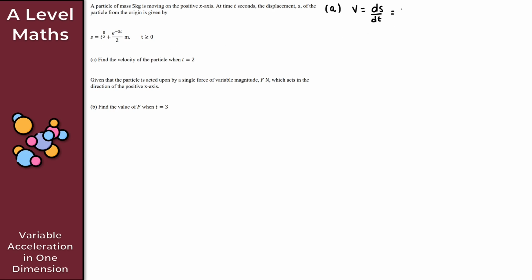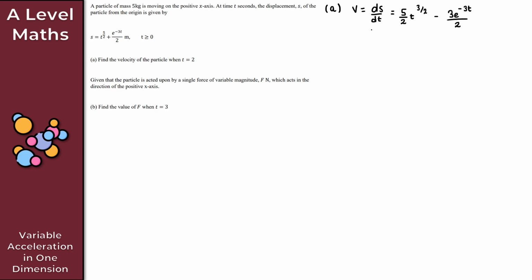So what we get here is 5 over 2 t, reduce the power by 1, so 5 over 2 minus 2 over 2 gives us a power of 3 over 2. And for the second term, e to the minus 3t over 2, once we differentiate that with respect to t, we get minus 3e to the minus 3t all over 2.